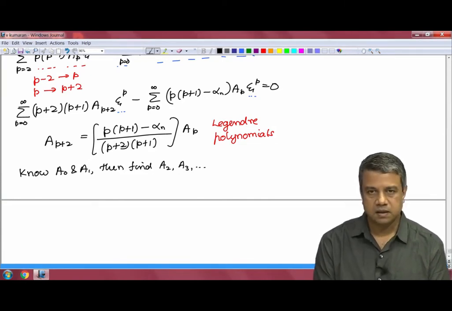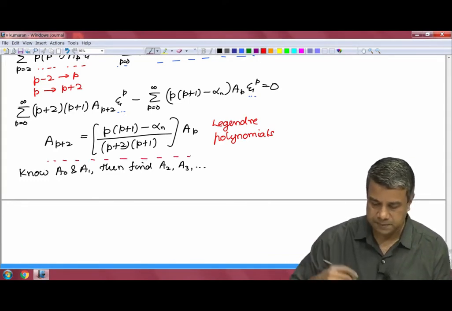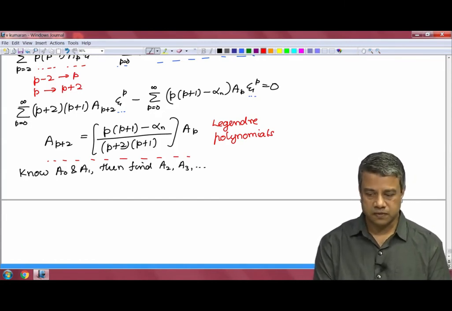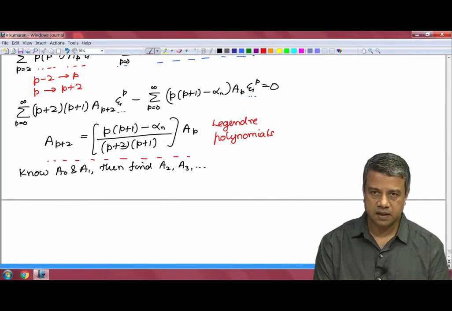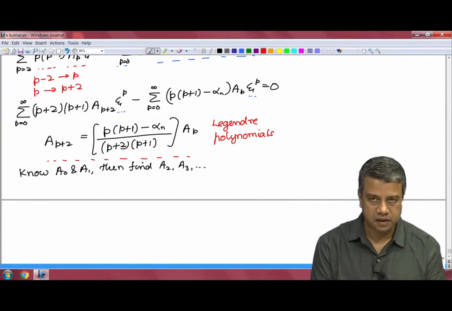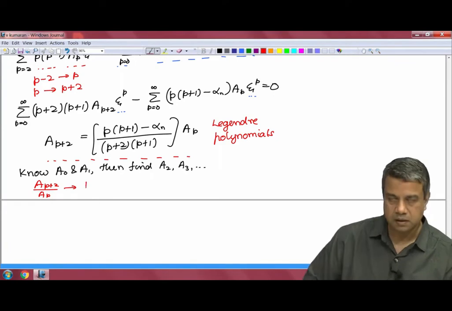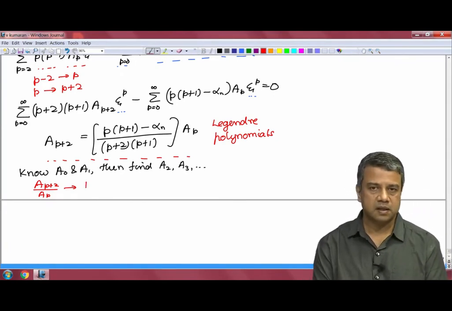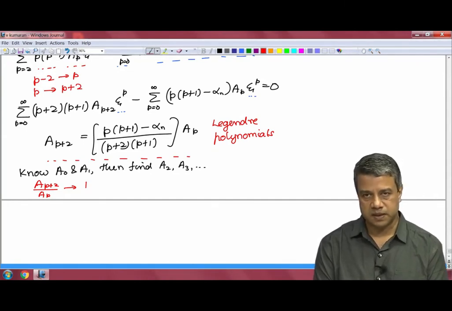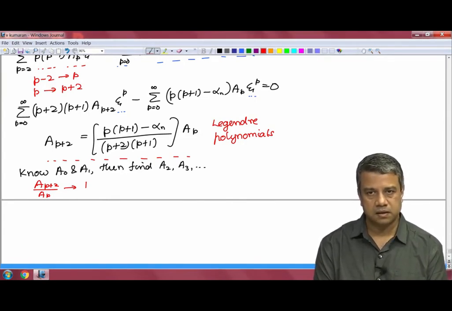Now look at this recurrence relation. Examine this recurrence relation. In the limit as p goes to infinity, if this coefficient alpha n is finite, then a p plus 2 by a p tends to 1, because p into p plus 1 is p square plus p, and p plus 2 into p plus 1 is also p square plus 3p plus 1.